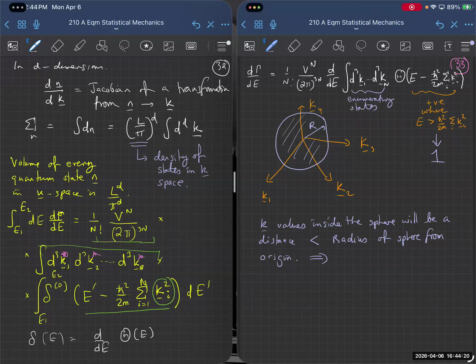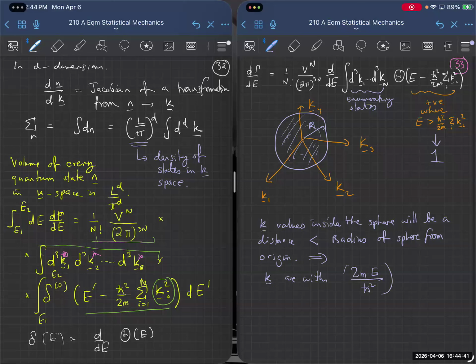And then this is telling you, as I scan through all those states, that's the interior of the sphere, as long as the k values are within 2m E over h bar squared to the half radius, then they will be counted. Okay, so all we're doing actually then is working out the volume of a sphere in 3n dimensions.